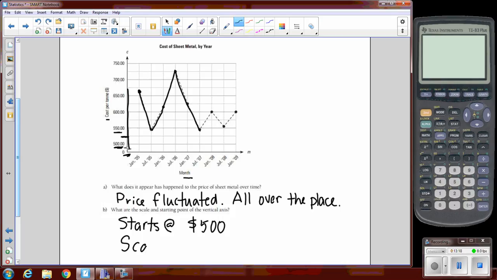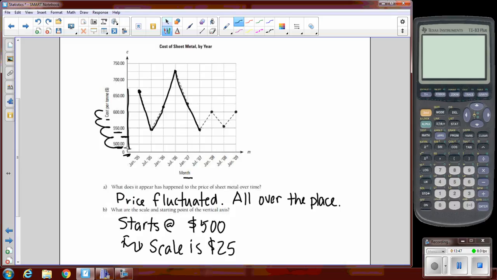The scale is $25. It's jumping up $25 each time, and you can see 500 to 525 to 550 to 575 to 600. So our scale is $25.